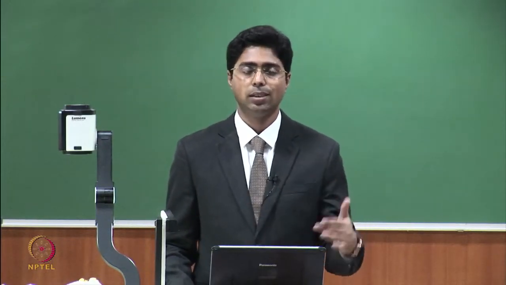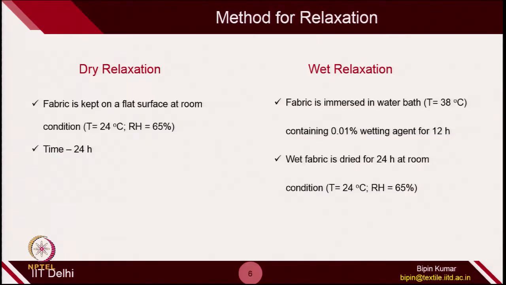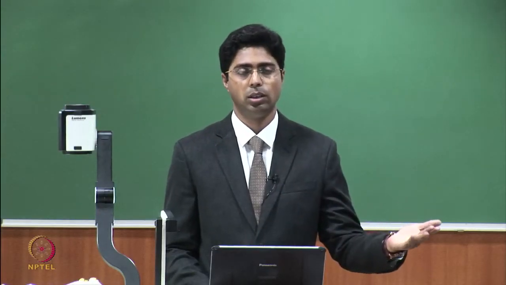Before doing analysis of any knitted fabric, you always relax the fabric first and then go for structural characterization. You cannot immediately measure the loop length or GSM of the fabric just after it is formed on the machine. So you always give some time to the knitted fabric for relaxation, which is very important and should be done in a very systematic way.